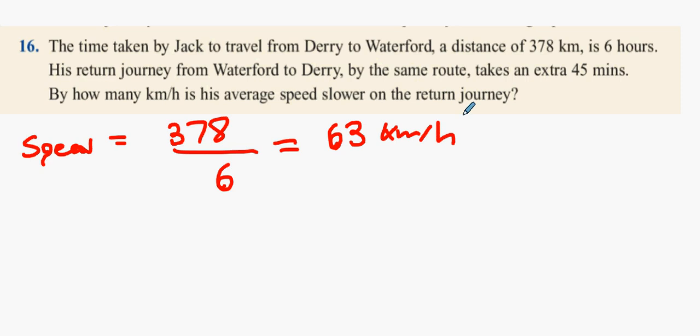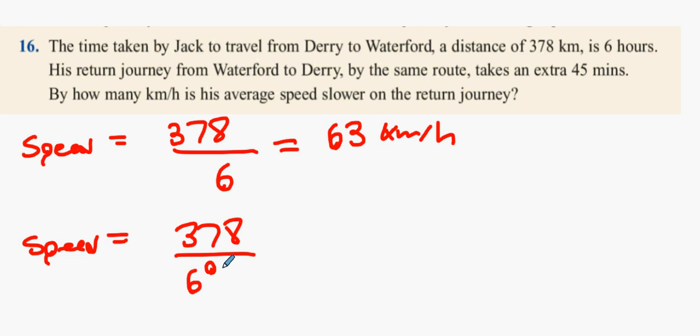And on the way home? Speed equals distance over time, so it's still 378. Except it's 6 hours and 45 minutes. Now don't write it like that if you can help it. Do it as 6 hours and 45.